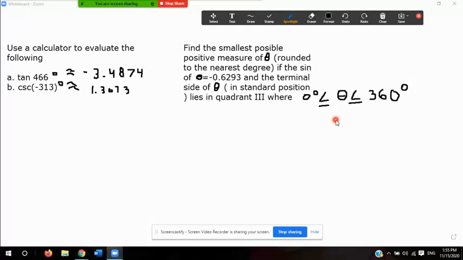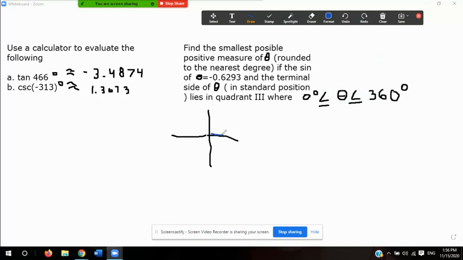So basically what the problem is saying is I'm giving you a measurement, and I'm saying that the angle lies in quadrant 3. So let's draw that so we at least have a visual idea. I want you to find an angle whose terminal side lies in quadrant 3, assuming, as we have been, that the angle is in standard position.